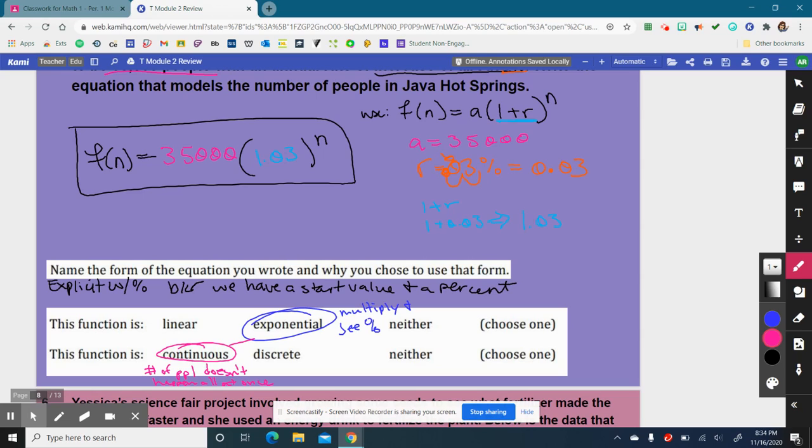Not all of a sudden hundreds of thousands of people are moving to Java Hot Springs. They probably trickle in continuously throughout the year. However, there's a case to be made that this is discrete because we're talking about people. You can't have part of a person.